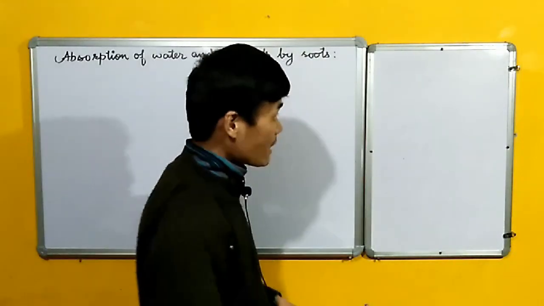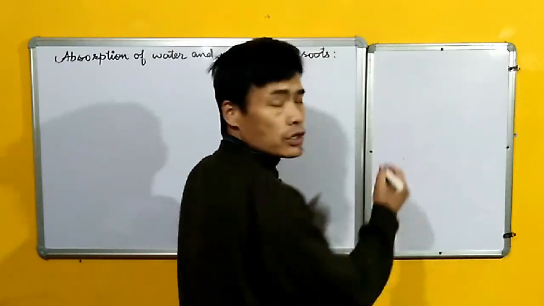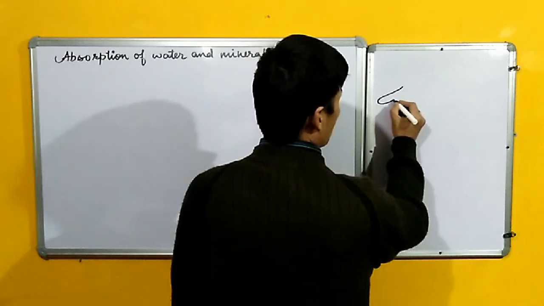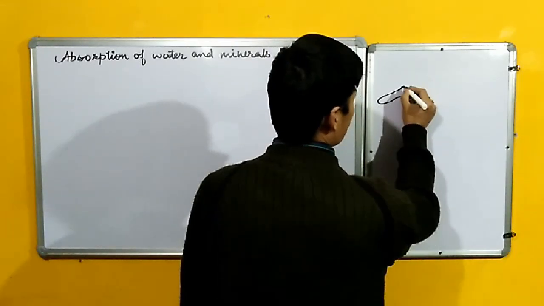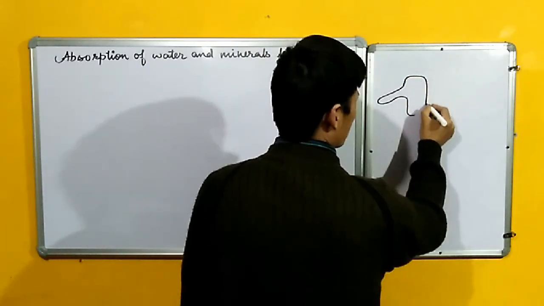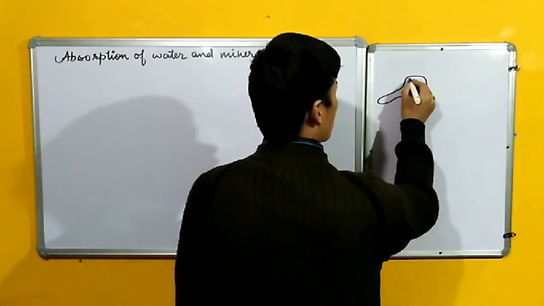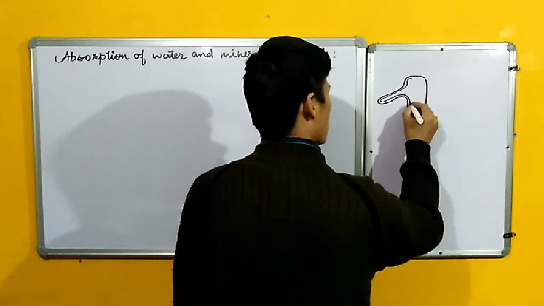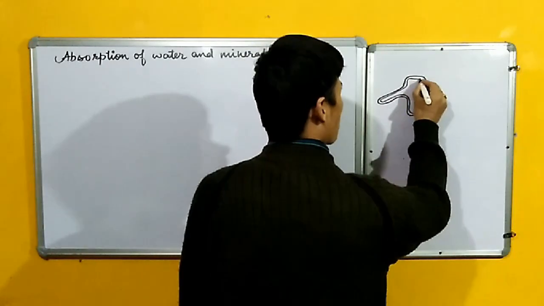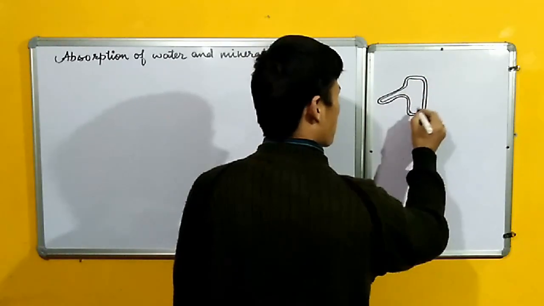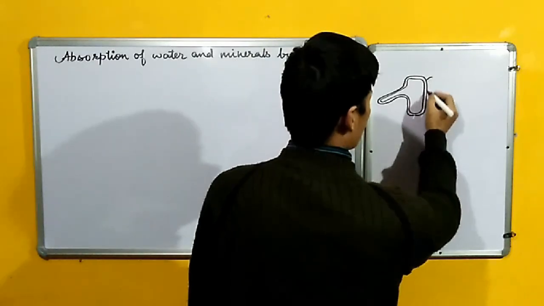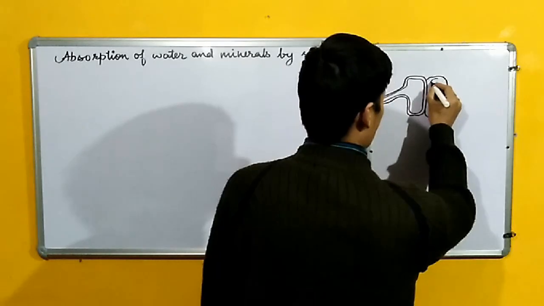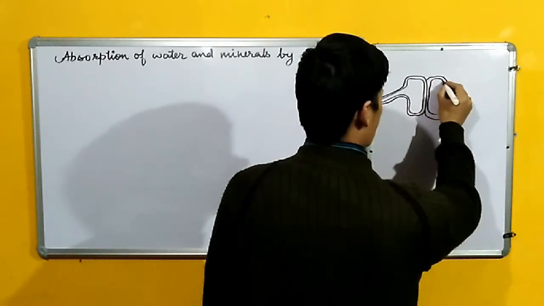So let us take 3 cells. Number 1, let us take a root hair cell. So let us consider this to be a root hair cell. And let us consider these to be the cortical cells.